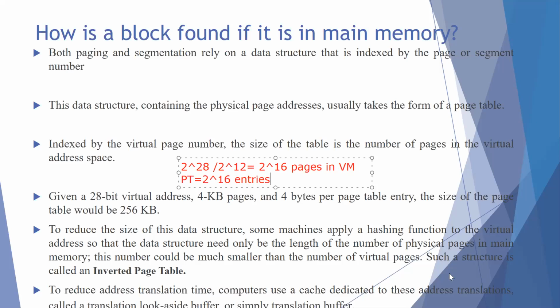If we see further, per page, for every entry, it requires 4 bytes extra, that is 2 to the power 2 bytes. And this corresponds to how much? 2 raised to the power 16 is 64 K, 17 is 128, so it becomes 2 raised to the power 18.